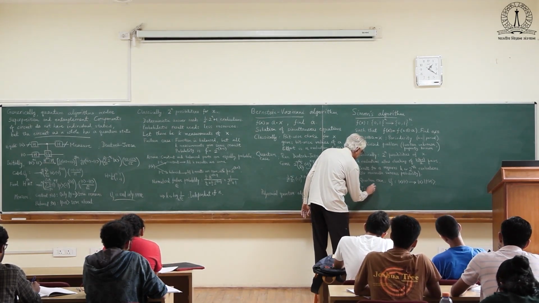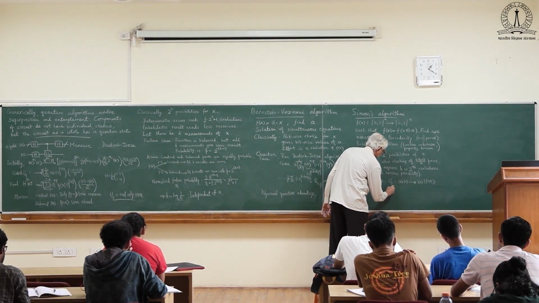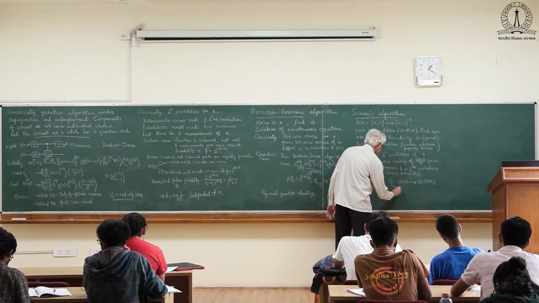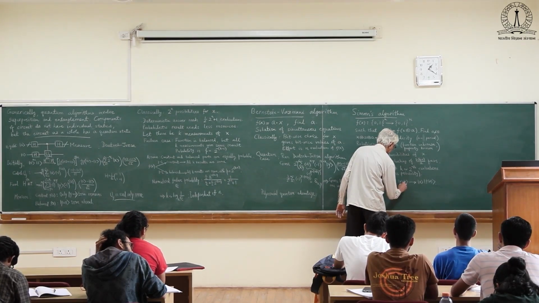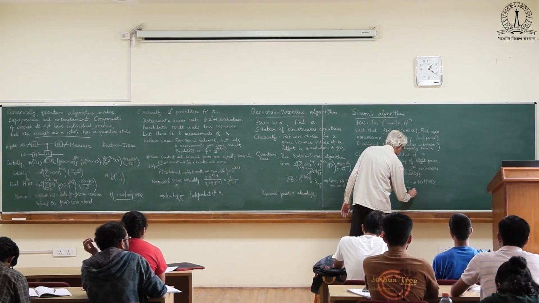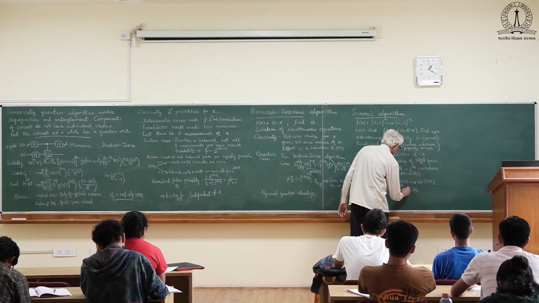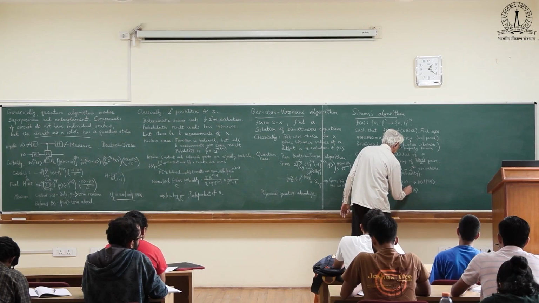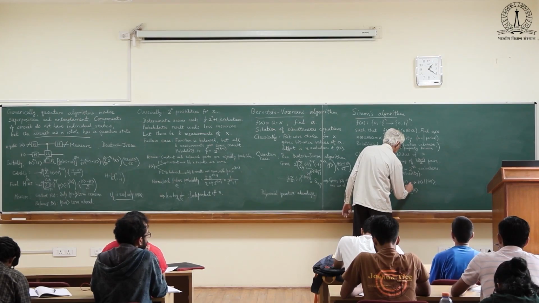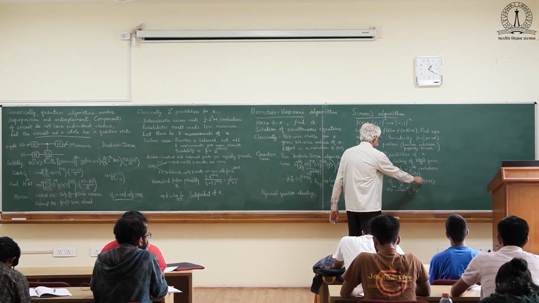Same thing, which is 0 to the power n, transformed with this Hadamard operator to the power n to 2 raised to minus n by 2, sum over x equal to 0 to 2^n minus 1, and I have to write this register.